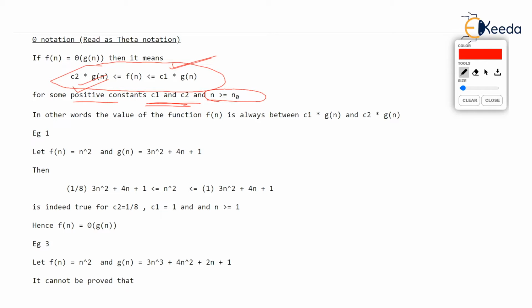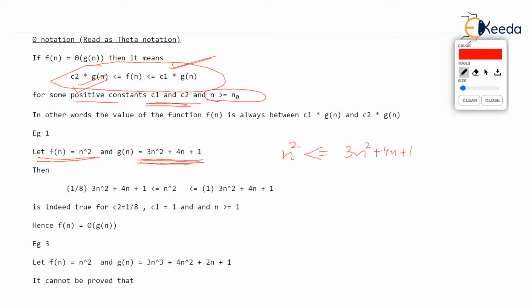Let's take an example. Example 1, suppose fn is n square, and gn is 3n square plus 4n plus 1. Now somebody asks us, is n square less than or equal to 3n square plus 4n plus 1?